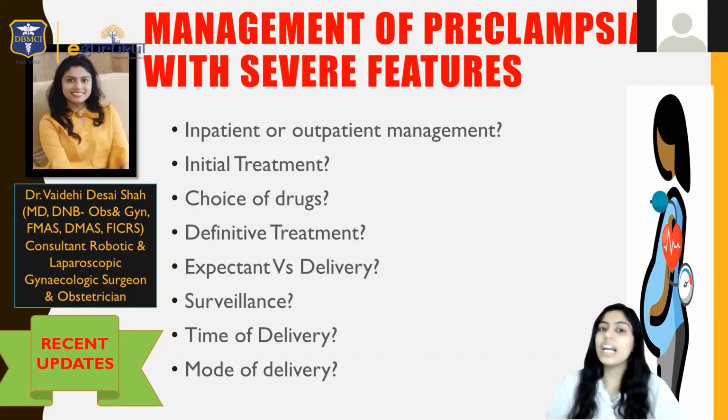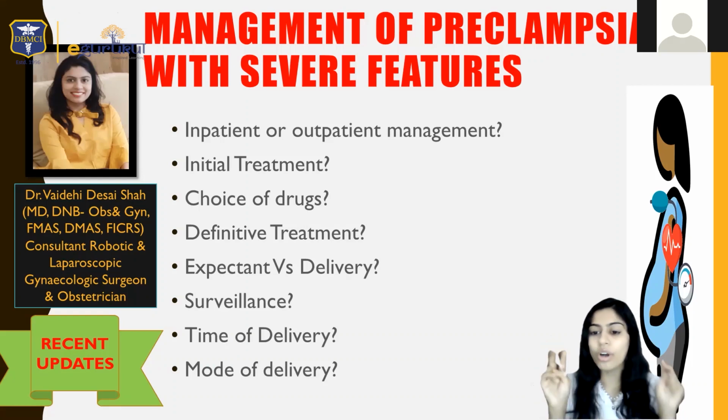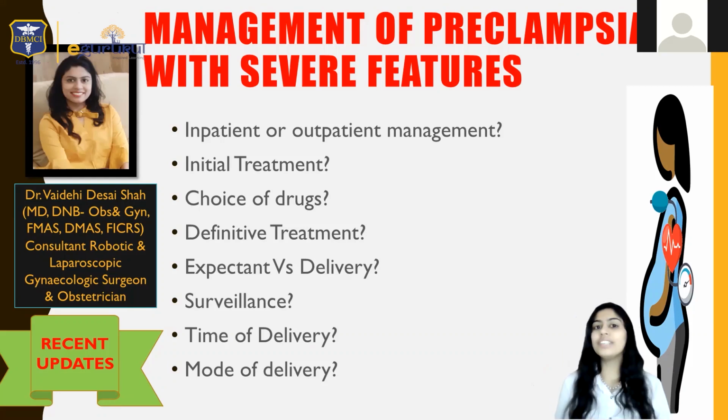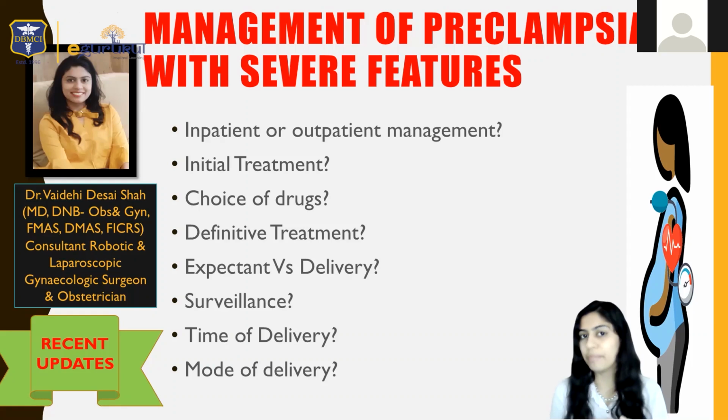The choice of the drugs: we have basically three different classes of antihypertensives. The first class is the beta blockers, that is labetalol, which is actually a combination of both alpha and beta blocker. Remember that the first line or the drug of choice for hypertension in pregnancy is labetalol, whether it is for acute or for chronic management, meaning whether it is an acute hypertensive crisis or for the maintenance of hypertension, labetalol is the drug of choice.